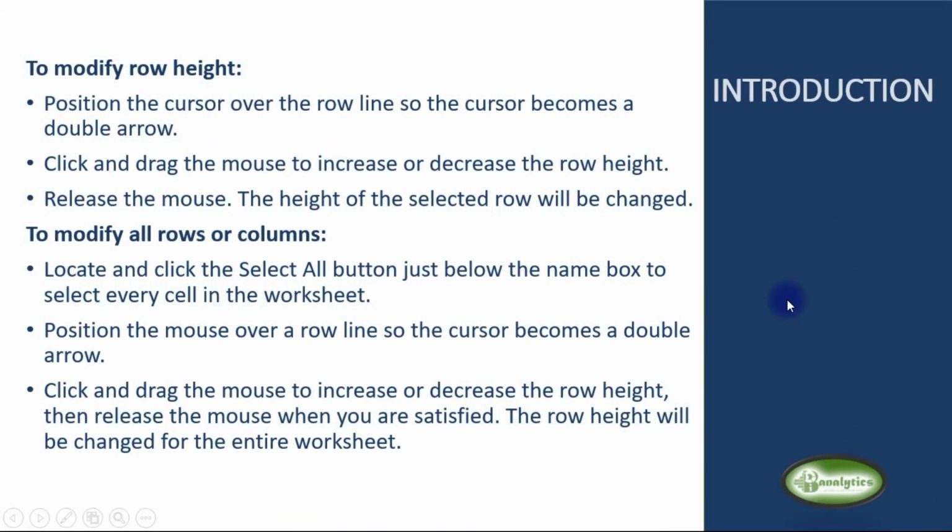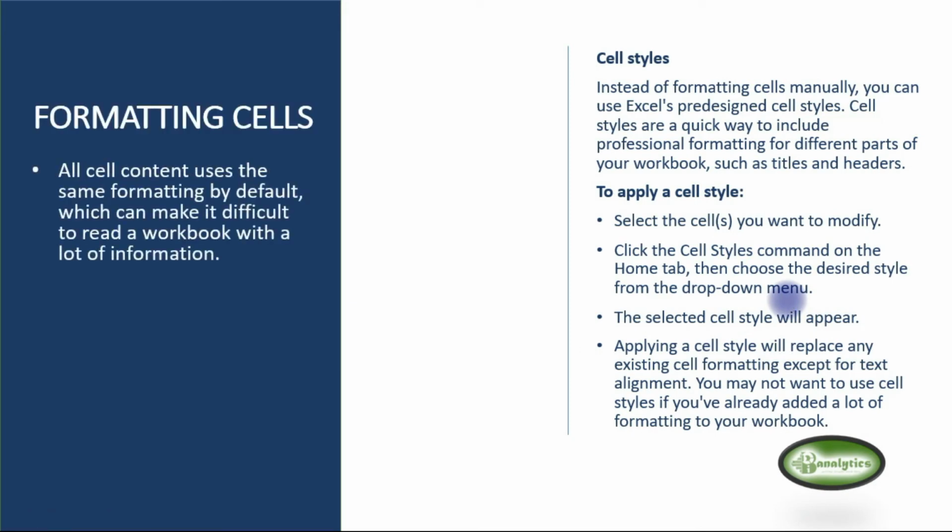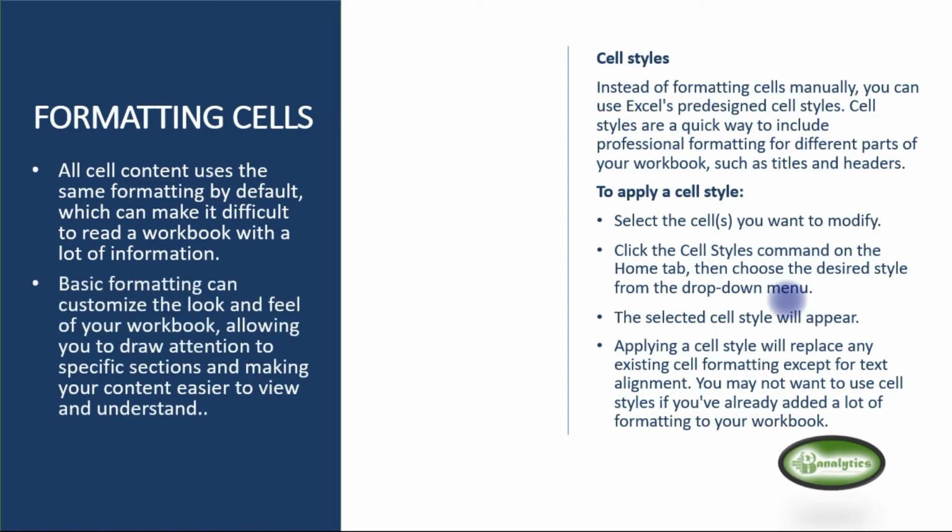So I've taken you through modifying row height, and now we want to go to cell styles. This is where we are going to do quite a lot of things. It's also part of formatting cells. All cell content uses the same formatting by default, like I've said before. So there's a way you can start to customize your Excel worksheet.